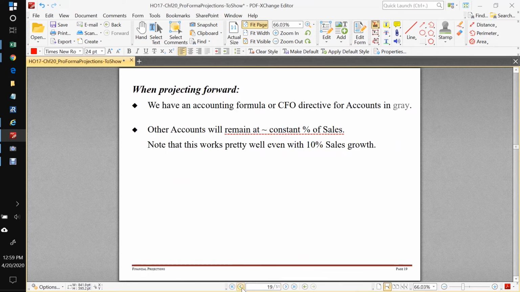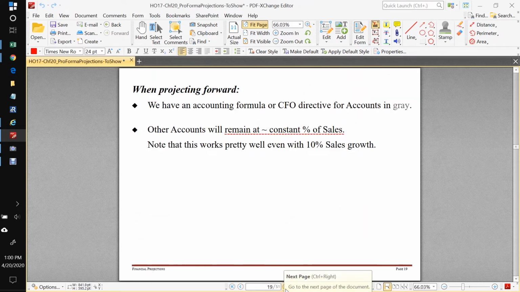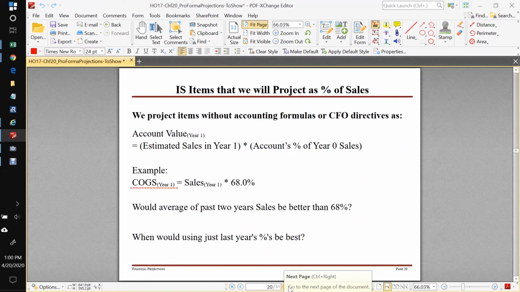Let me put back here, this might help us a little bit. Formula or percent of sales, just to make it clear what's going on in these two columns. So I'm saying we should project these things forward based on the year zero sales.